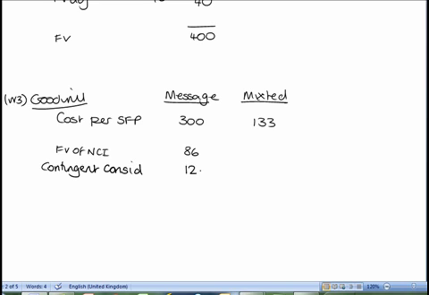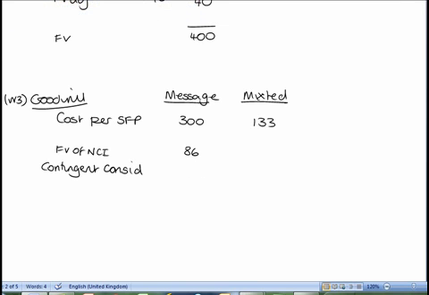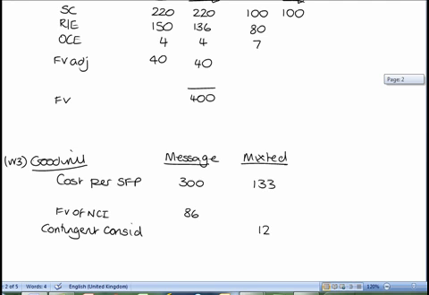So what I'm going to do is I'm going to add 12 million onto the cost of the investment, and I'm going to add 12 million onto liabilities. Oh, it's the wrong company. So 12 million onto the cost of Mixed, but for every debit there has to be a credit.